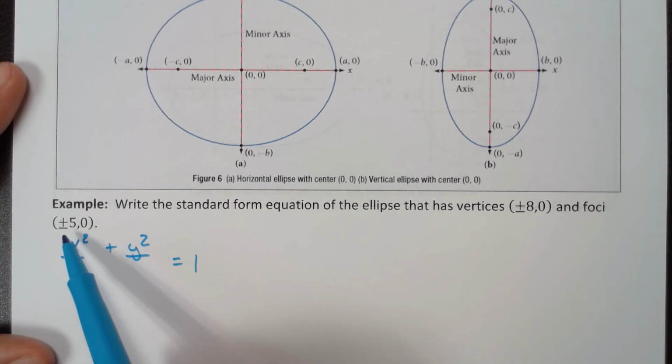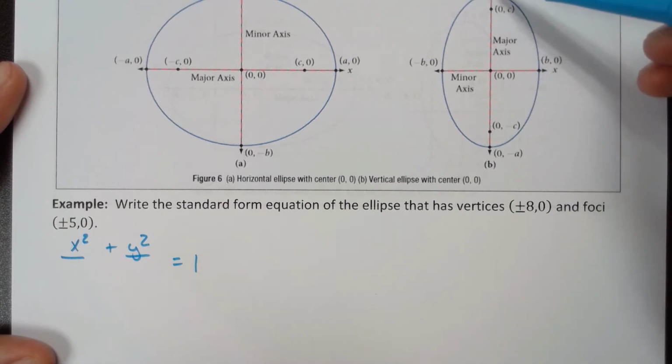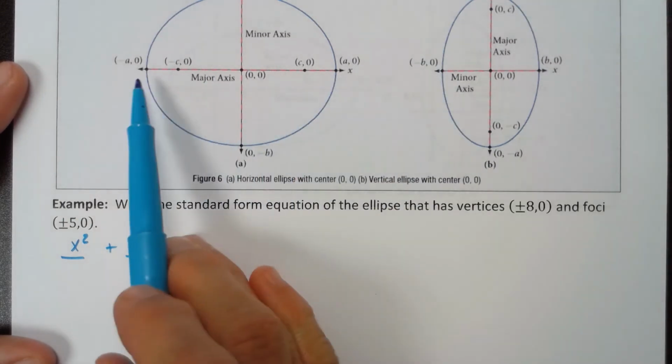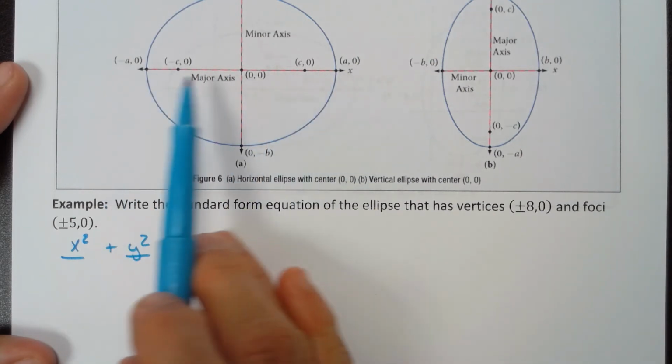Right? So your y is 0 in all of these cases. If your y is 0, that would be this picture right here. So we're going to have a horizontal major axis.